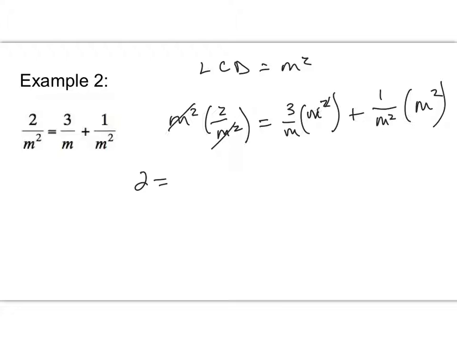I can only cancel out one m here, so that leaves me with 3m, right? M squared over m is just m. And in the last term, both my m squareds are gone. And then I can subtract 1 from both sides. And I'm left with 1 equals 3m, so m equals 1/3.